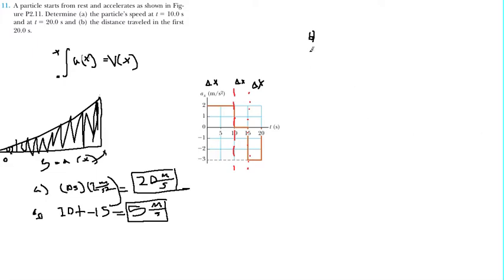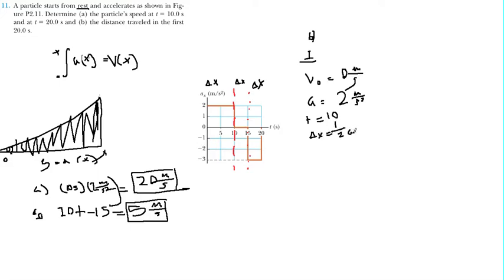So for part 1 of B, it says it starts from rest. Therefore, v initial is going to be equal to 0 meters per second. Then, of course, our acceleration is going to be 2 meters per second squared, and t is equal to 10 seconds. Then we can use our nifty kinematic for delta x.